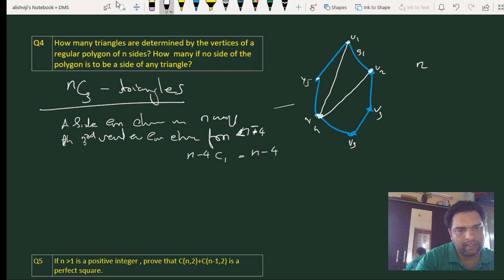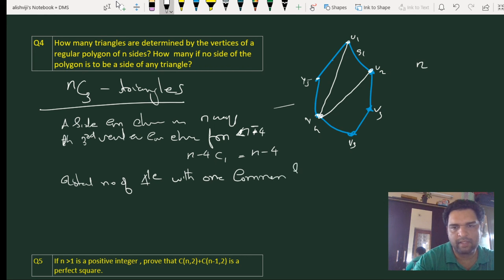So out of these nC3 triangles, those with one common side with the polygon: first we choose a side, then the third vertex is chosen from n minus 4 vertices, and that can be done in n minus 4 ways.